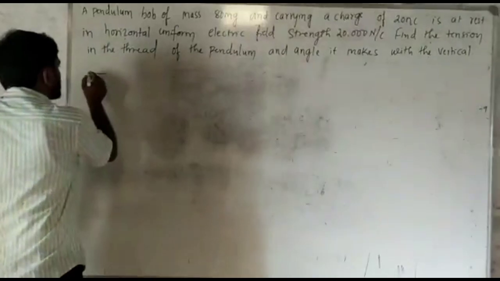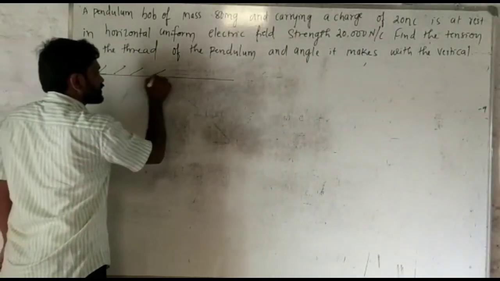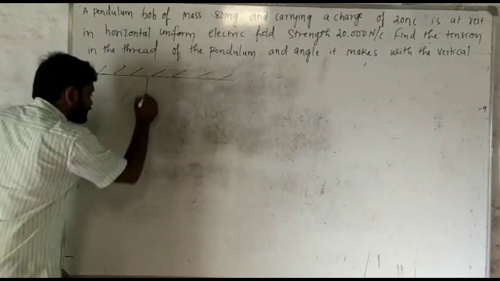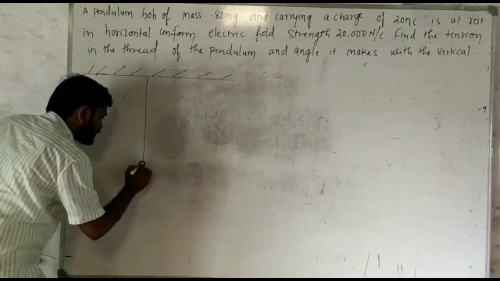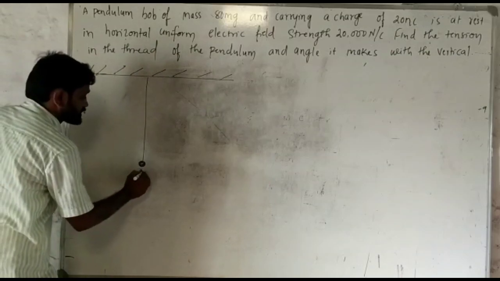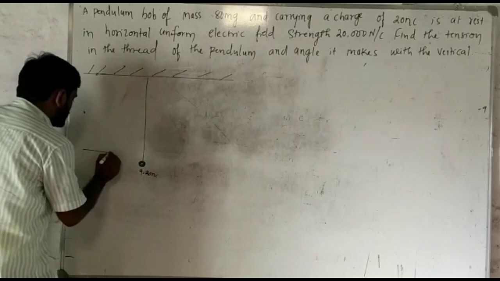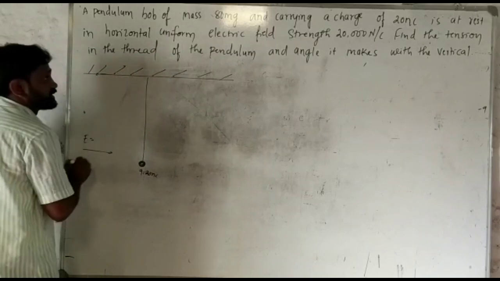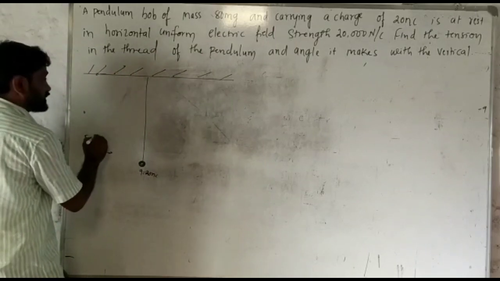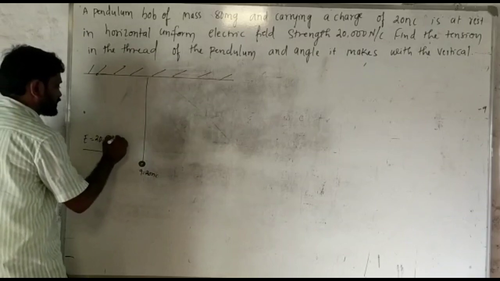Here, a pendulum having a charge Q is equal to 20 nanocoulomb is placed in a horizontal electric field, that is E is equal to 20,000 Newton per Coulomb.